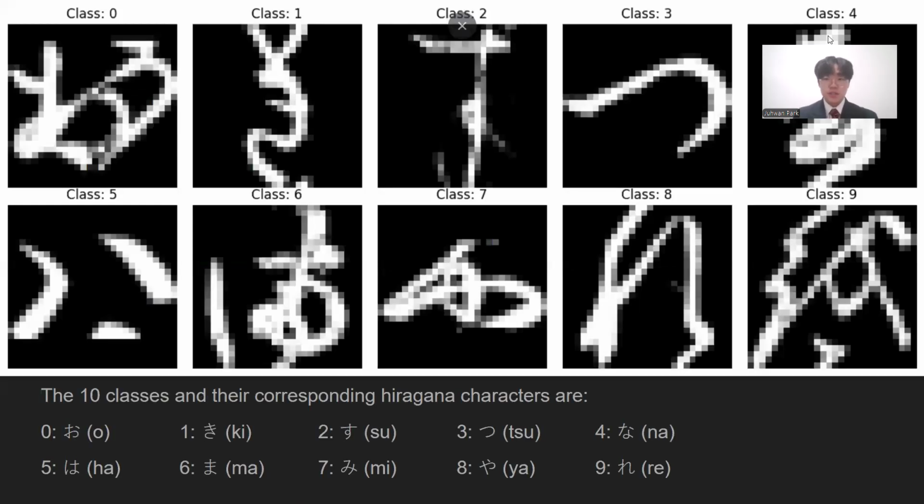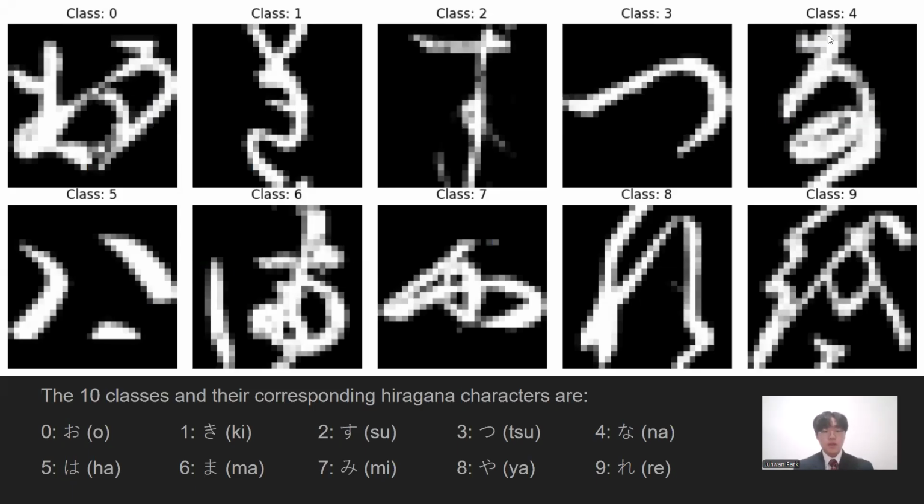So here is the example of the characters. There's different ways to write in Japanese, but the most common writing system is called hiragana. So basically, class 0 represents o, class 1 is ki, 2 is su, 3 is tsu, 4 is na, 5 is ha, in which case that's not the hiragana character, so it looks different.